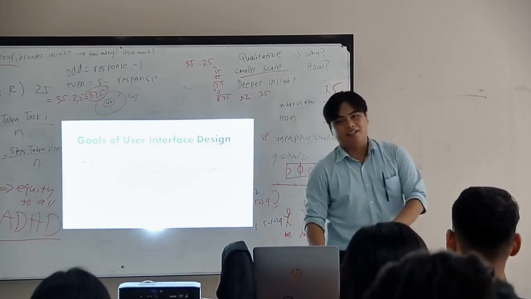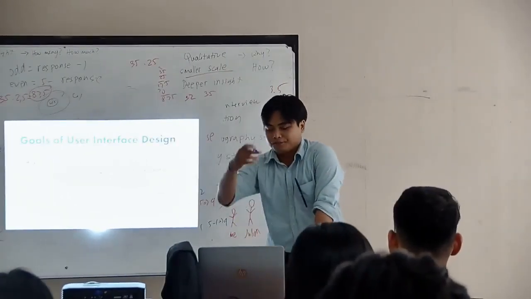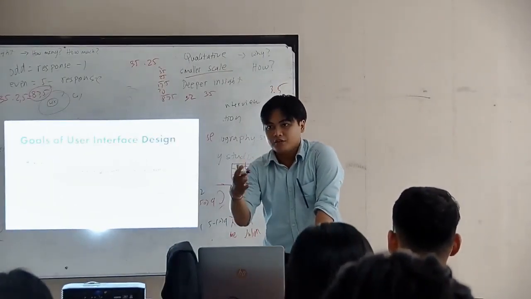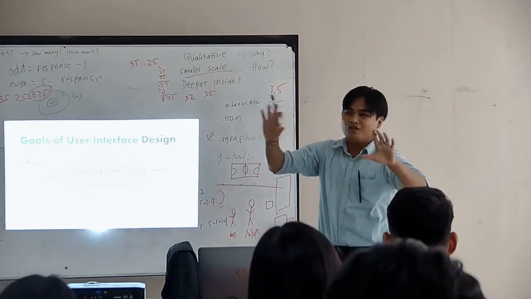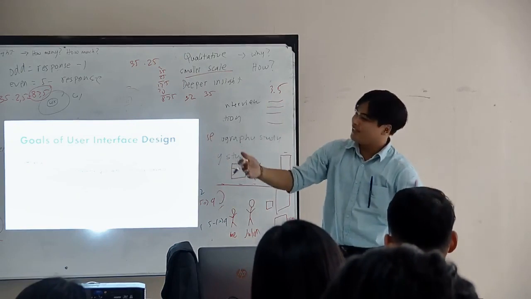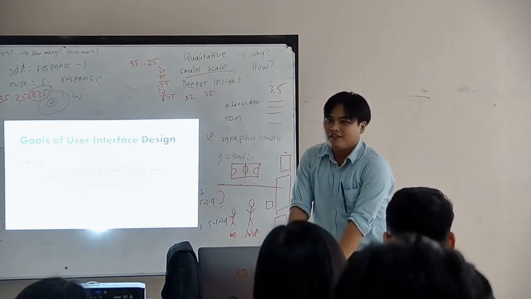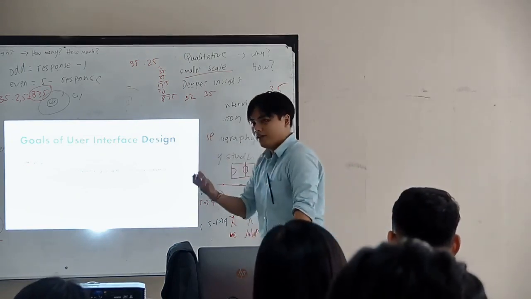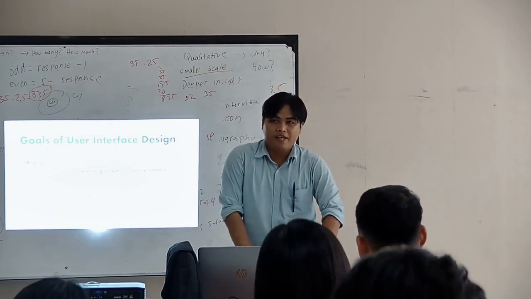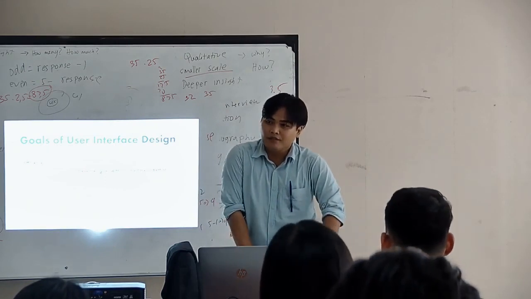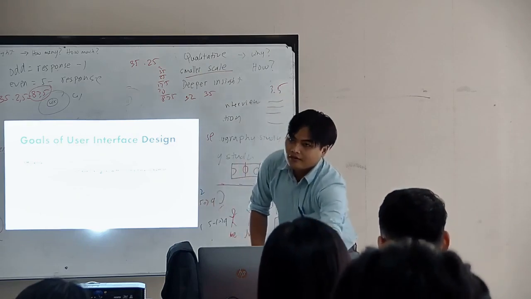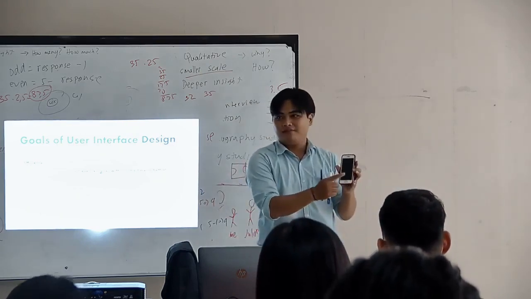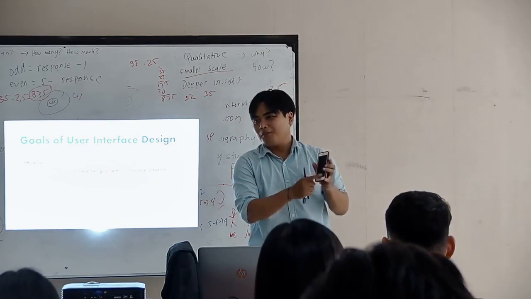In UI design, if the user wants to achieve something and the steps are so many, it means it's not very efficient. For example, if you want to upload a story in Instagram, you can use several steps. Swipe left, right, select picture, post, 3 steps.